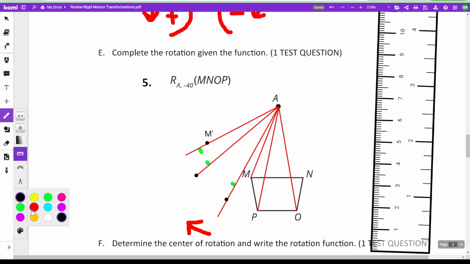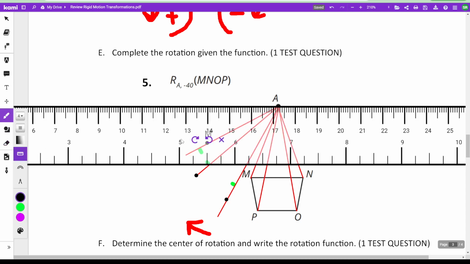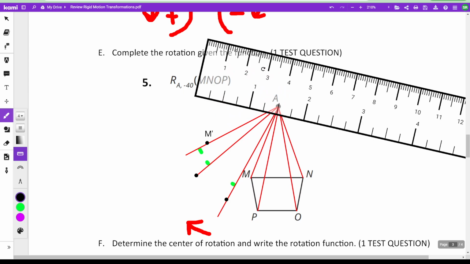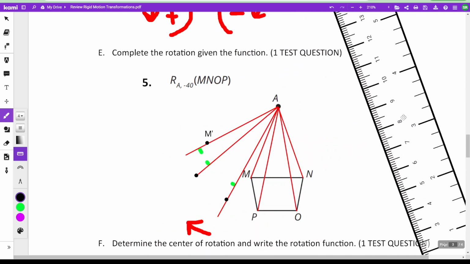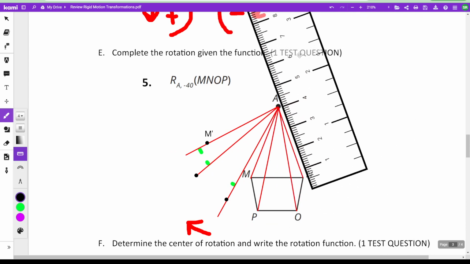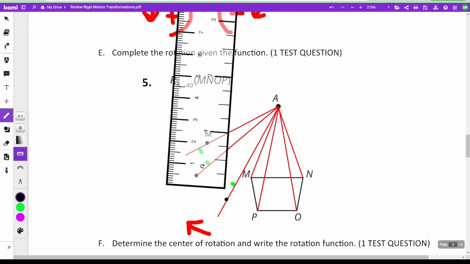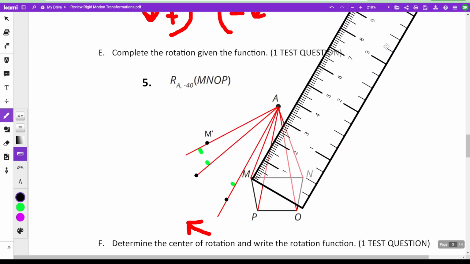And then lastly, we're going to grab N. Three and a half. So I'm going to measure out 3.5.